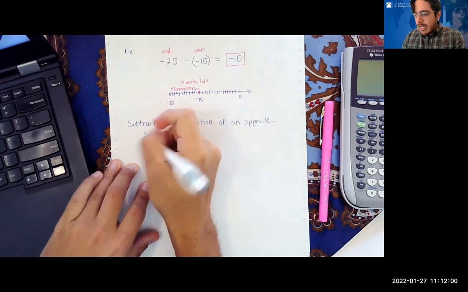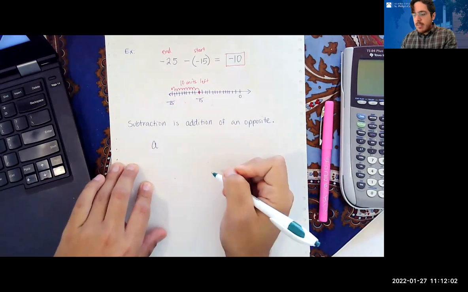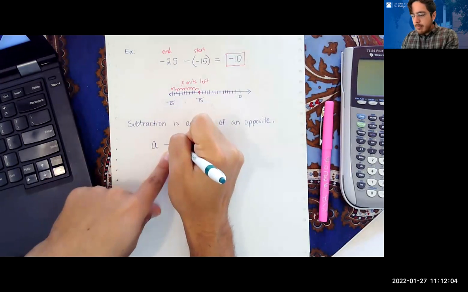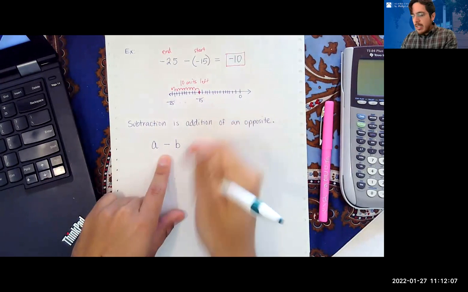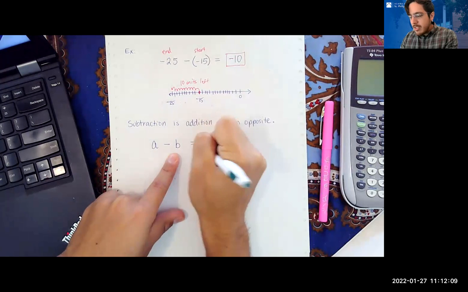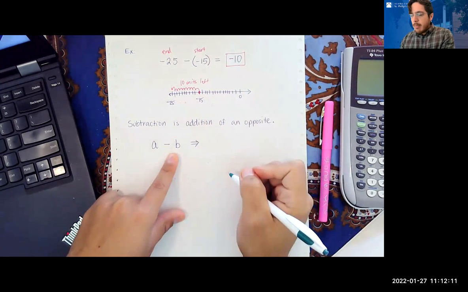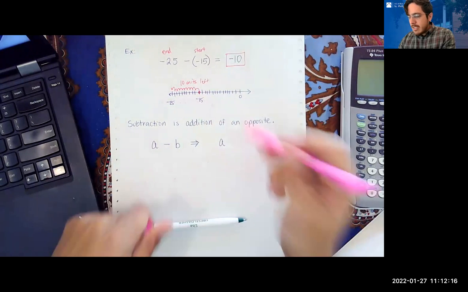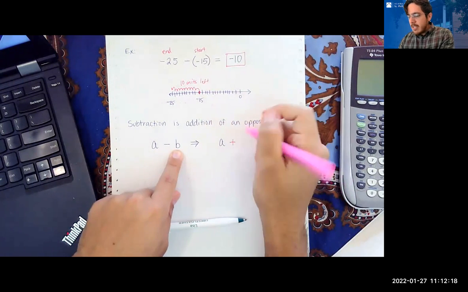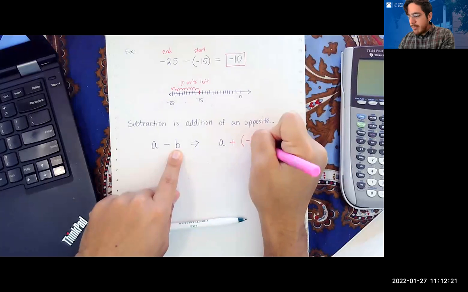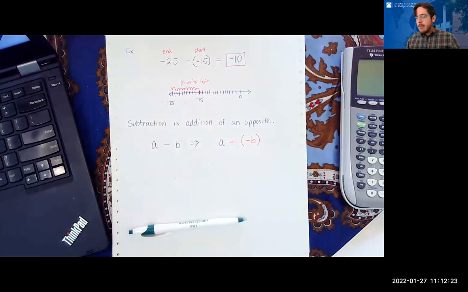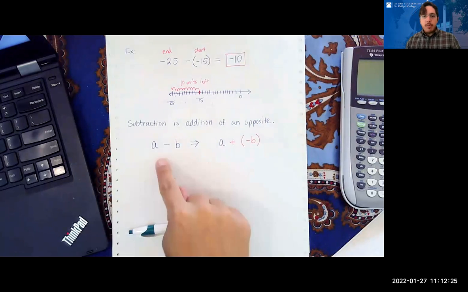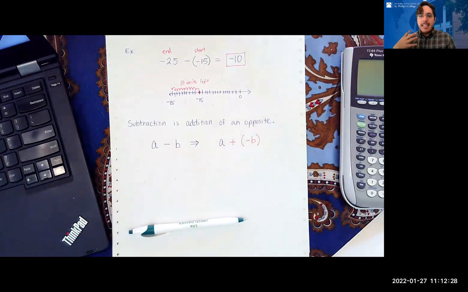What I mean is that if I have a number, let's call it A, and I subtract some other number B, then I can always just change that subtraction problem into an addition problem by writing this as A plus the opposite of whatever B was. So I'll put negative B since we had positive B here. These two expressions mean the same thing and they will give us the same answer. So that's what I mean by keep, change, change.